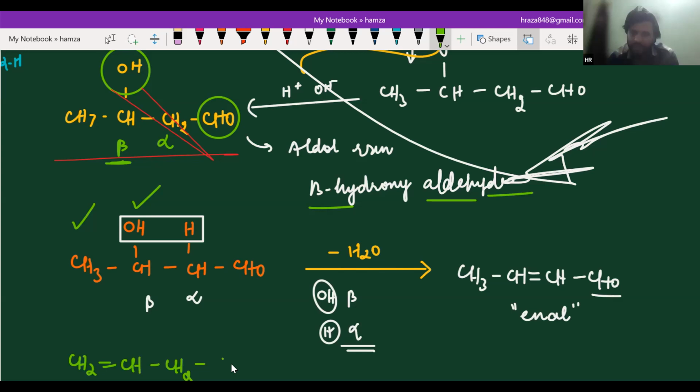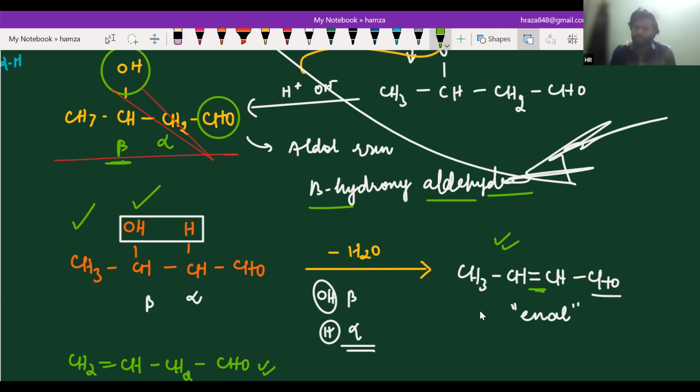It will be the minor product as compared to this, because alongside this, this double bond is in conjugation, or you can call it Saytzeff's rule that we have studied in haloalkanes and haloarenes. So what we get there in elimination reaction, alongside double bond or alkene, if we have more alkylated part, that will be more stable.